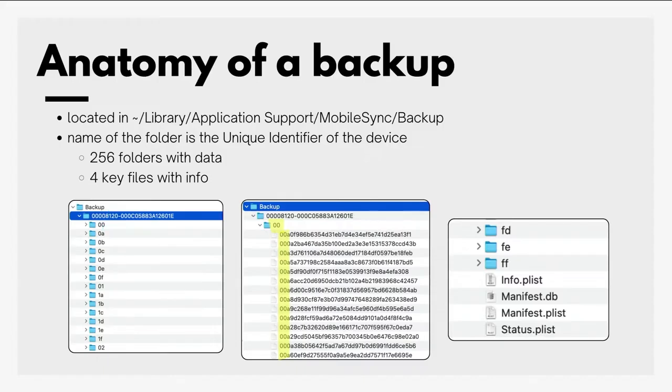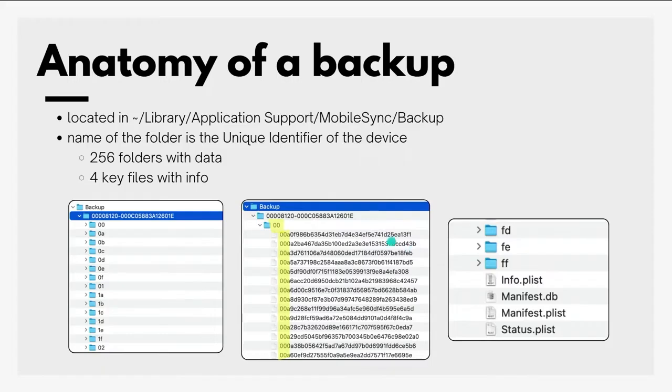And inside you'll get 256 folders with data. And in each of these folders, you just get these long file names, hashes of something. We don't know yet what. We will learn soon. And you don't get any file formats or extensions. So at this stage, just by looking at the files themselves, it's not quite clear what you're looking at.